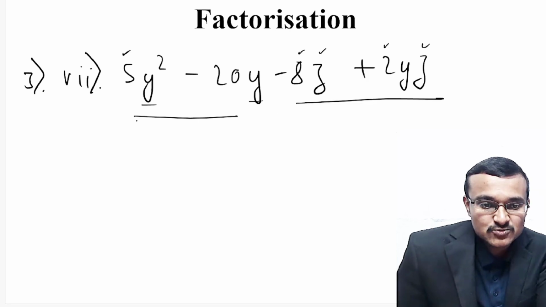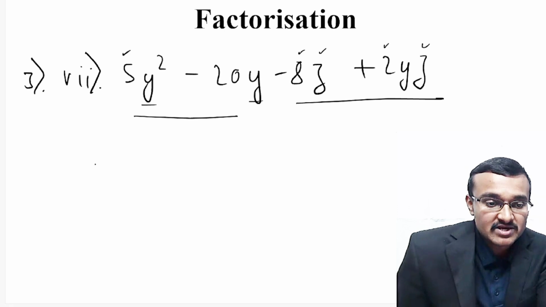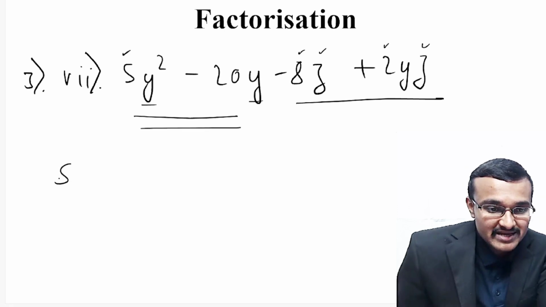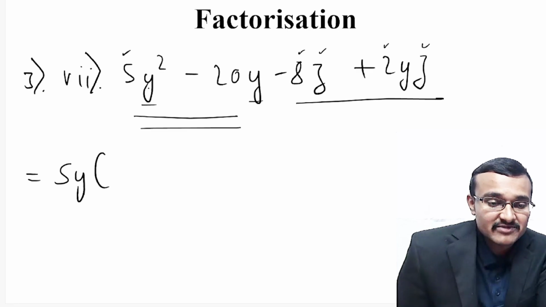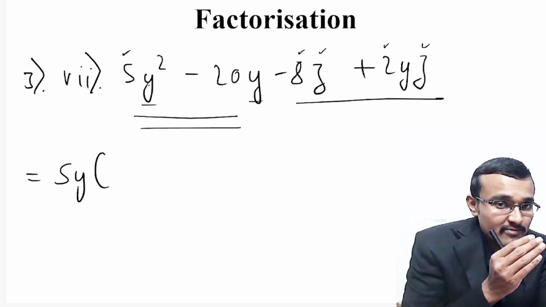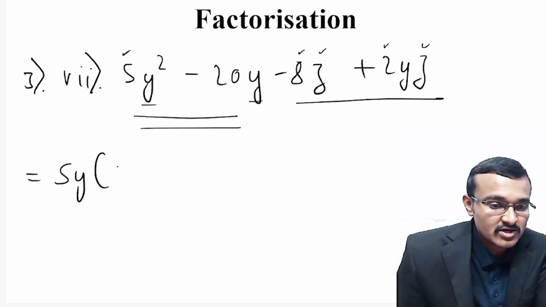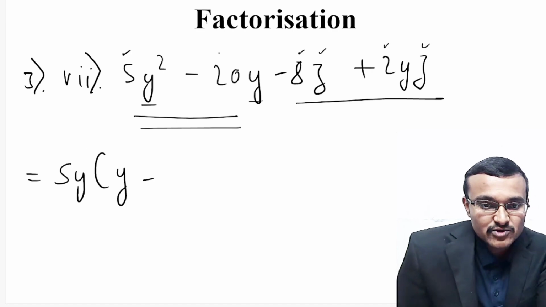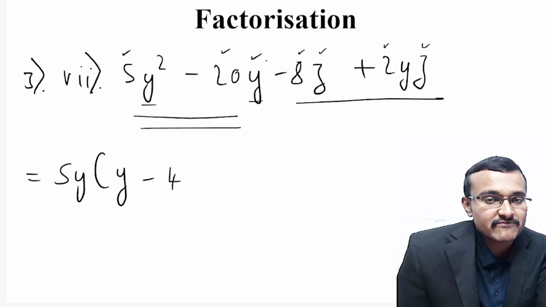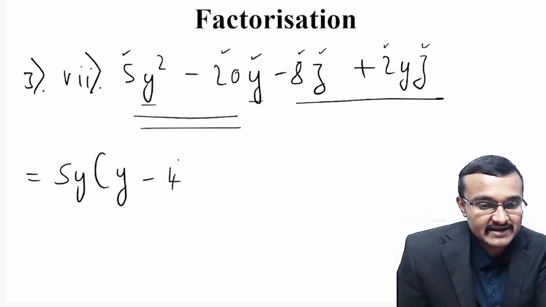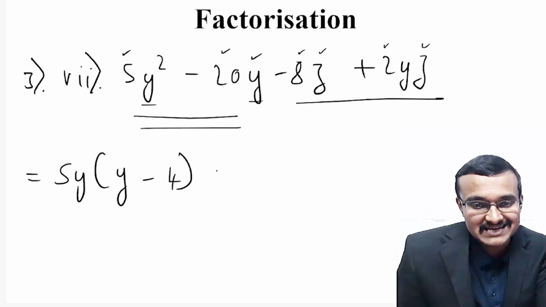So let us consider this as one term and this as one term. So when you take 5y common in these two terms, you will be getting 5y into, inside the bracket, y will be remaining, because when you take 5y common from 5y square, y will be remaining, minus when you take 5 from this 20, 4 will be remaining, and y also you have taken common outside the bracket. So only y minus 4 will be remaining inside the bracket.